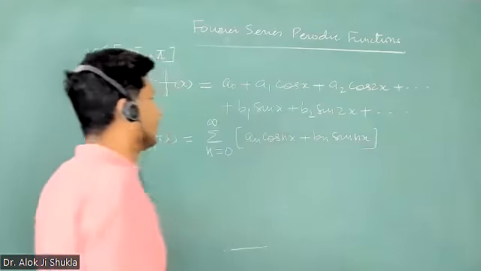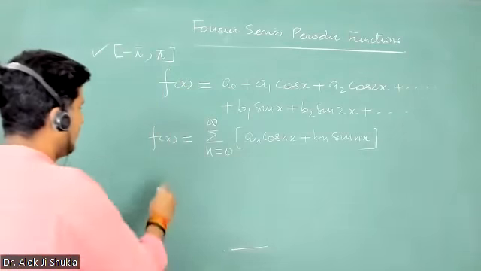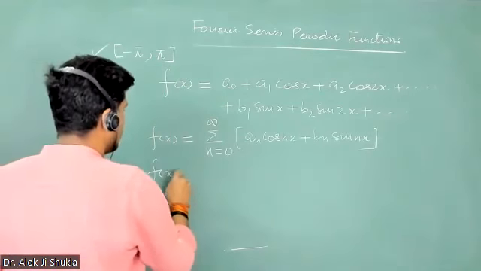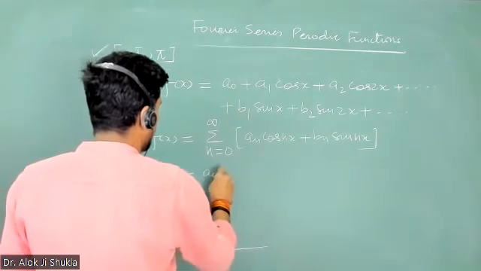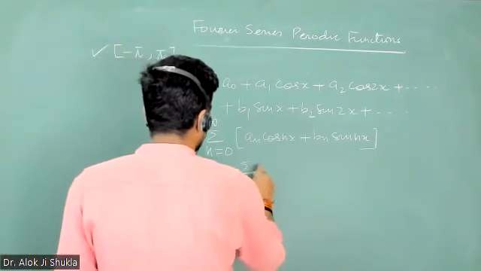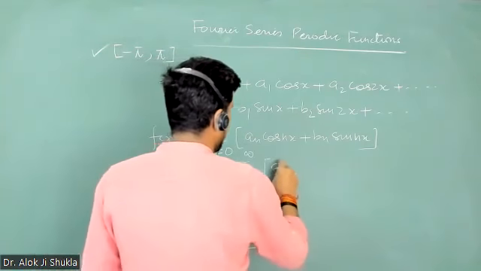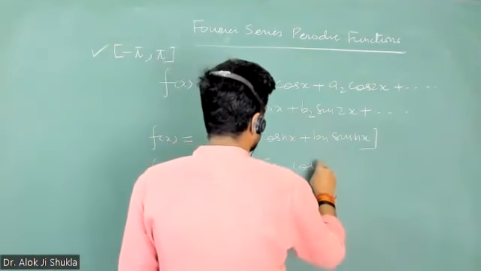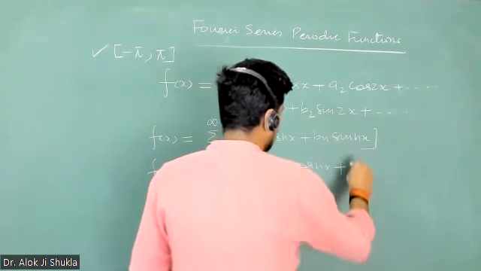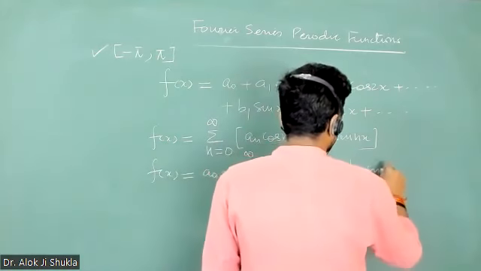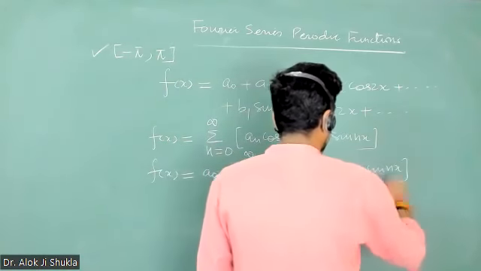So this is the form of Fourier series. And I can write it like this also, that fx is equal to a naught को अलग से summation n is equal to 1 to infinity an cos of nx plus bn sin of nx.